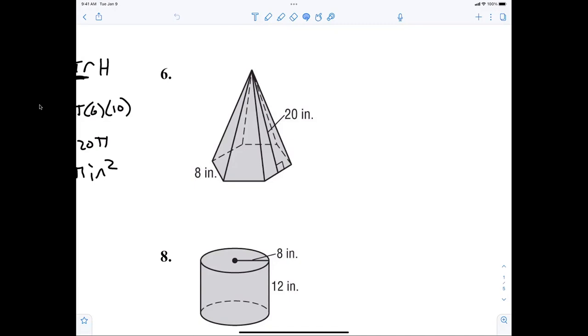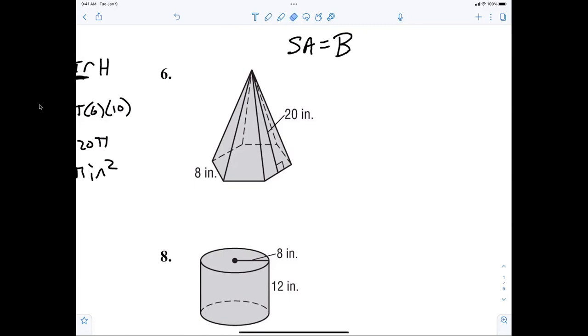So now I'm back. All right, so we're trying to calculate the surface area of a pyramid. We already agreed that the difference between a pyramid and a prism is a pyramid has how many bases? One. So surface area is equal to area of the base because there's one.